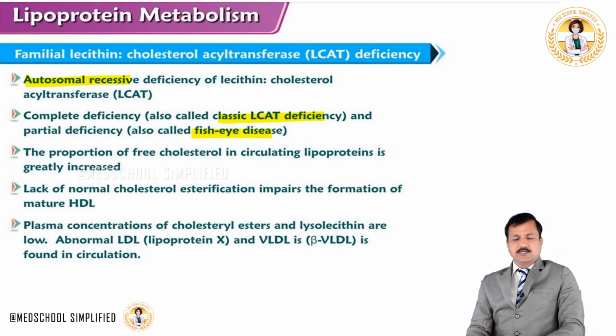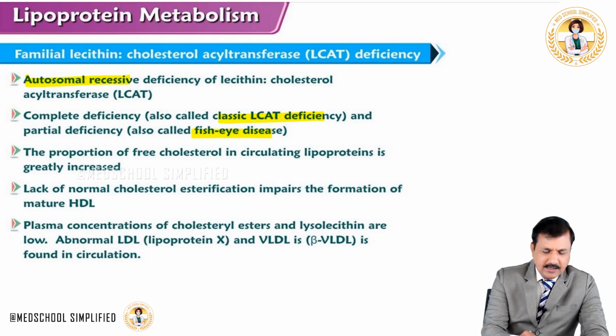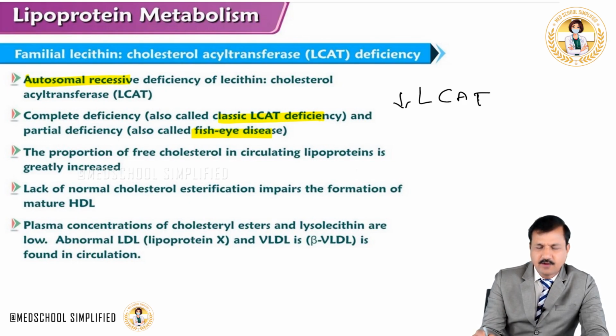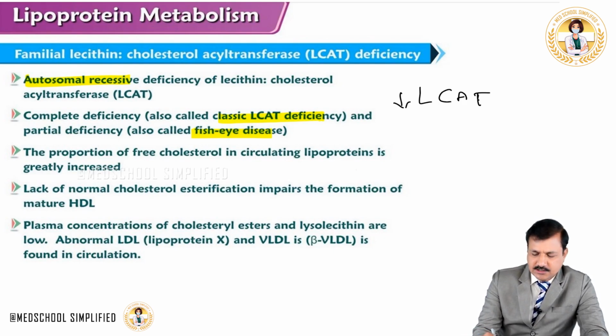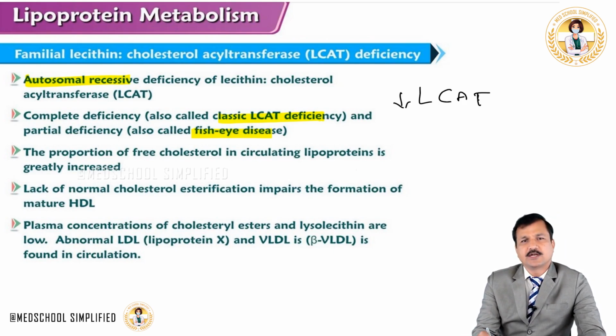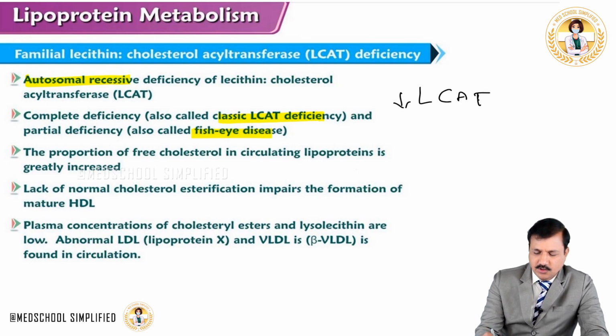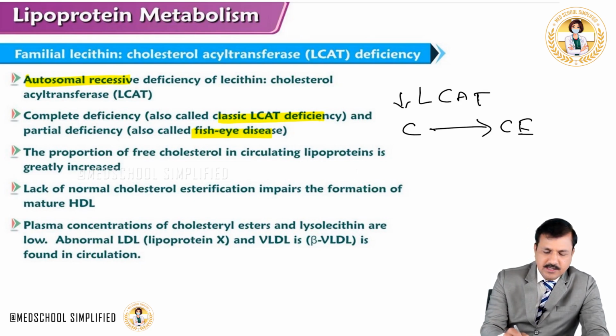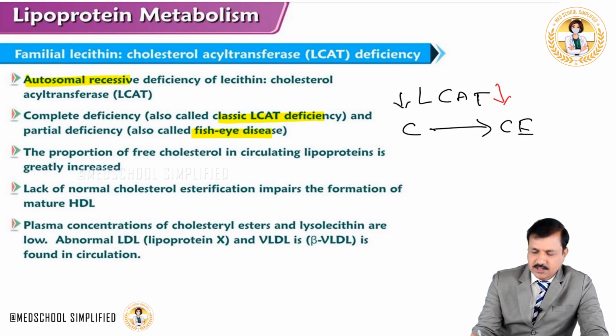Now in this particular disorder, LCAT activity is decreased, and know that LCAT participates in the conversion of cholesterol into cholesterol ester, especially the cholesterol coming out of the peripheral tissue. So LCAT converts cholesterol into cholesterol ester. Because LCAT is deficient, the conversion of cholesterol into cholesterol ester decreases.